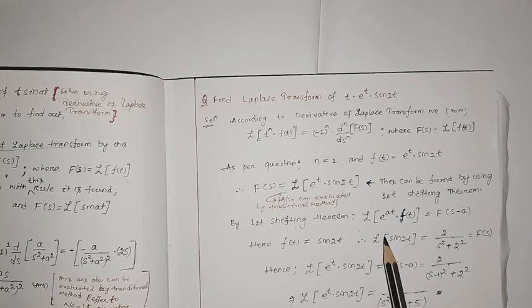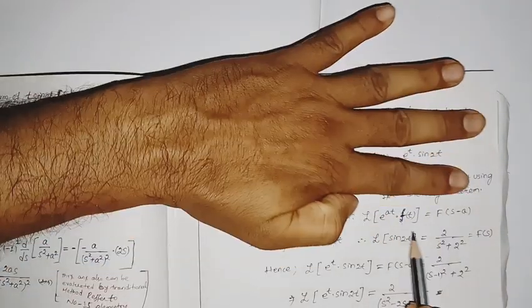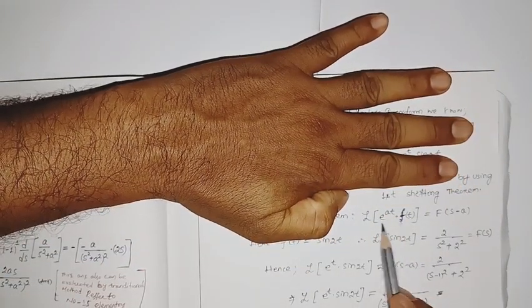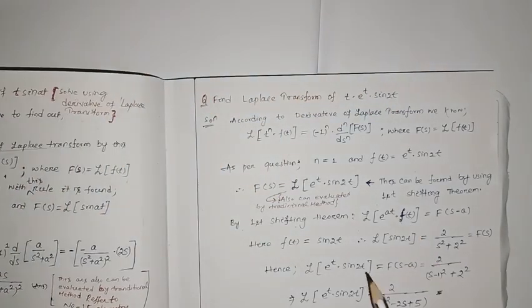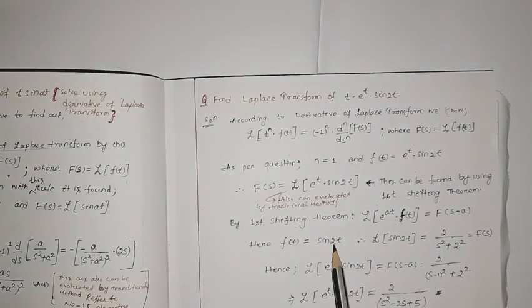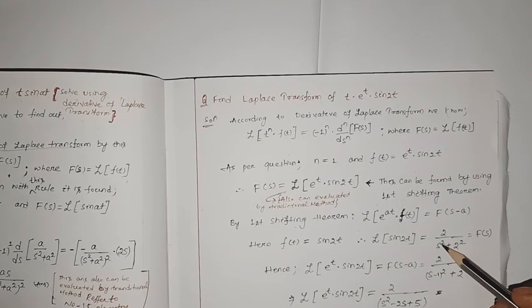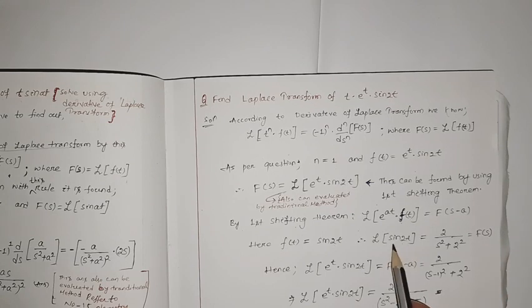Here f of t is sine 2t. The Laplace transform of sine 2t, we already know, is 2 by s square plus 2 square. This is called capital F of s for this function.